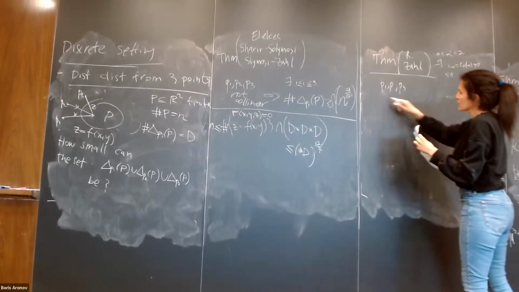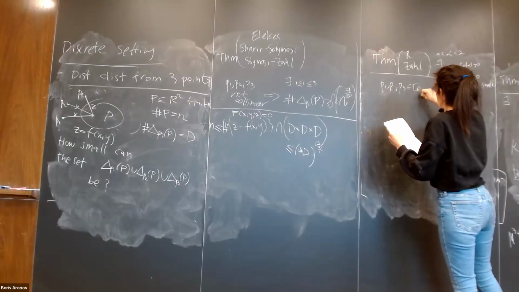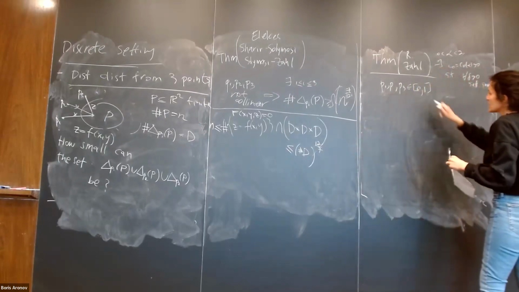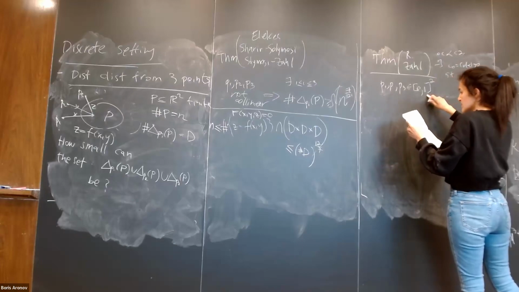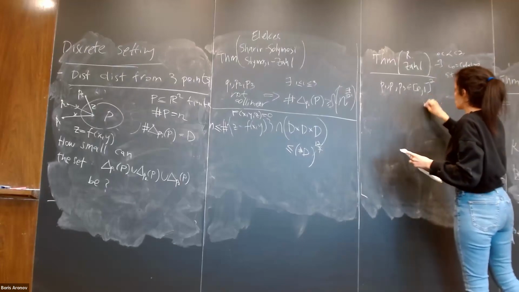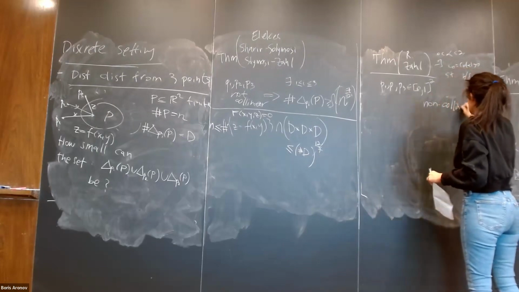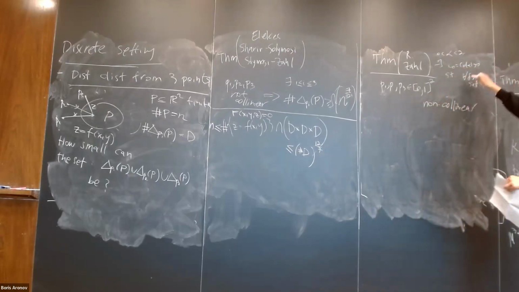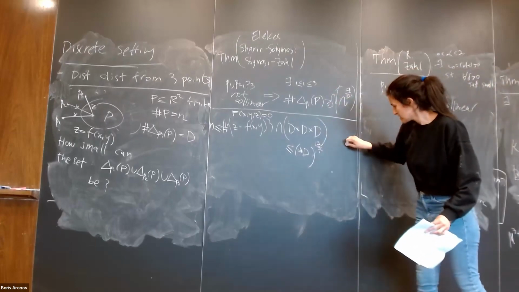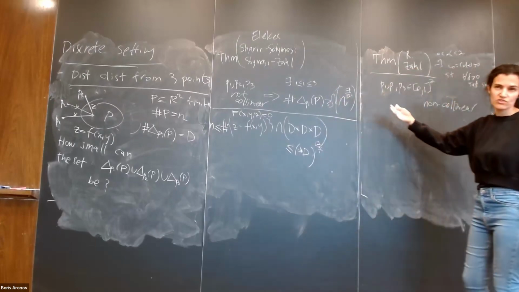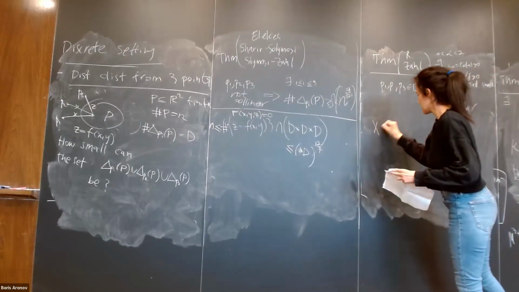Then for every triple of points in the unit square, I can write here non-collinear, but I'm going to say something stronger in a second. So if delta is sufficiently small, then no matter how close they are to being collinear, they will not be collinear anymore. And then we can expect to have the statement that we wanted.